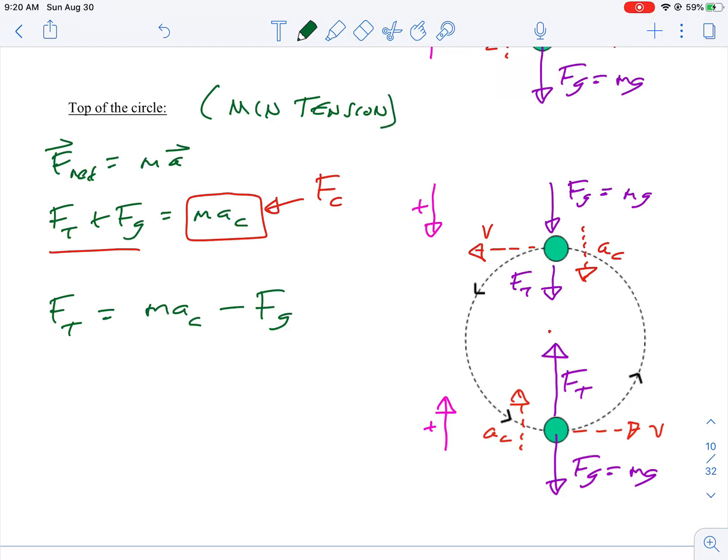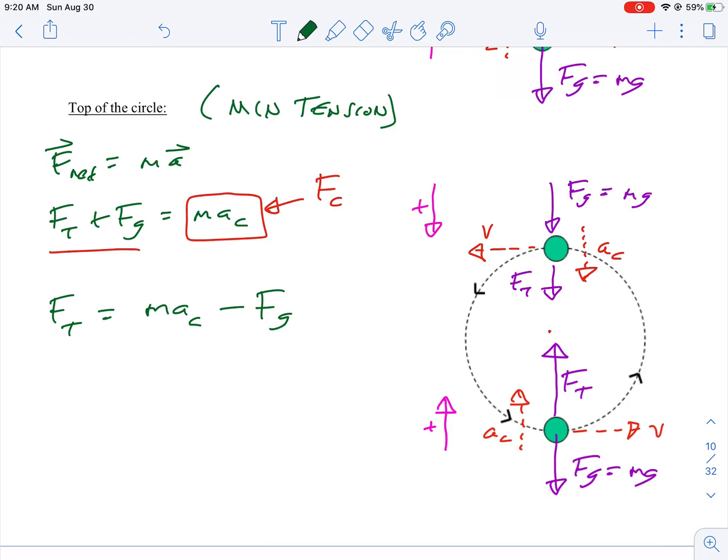And the logic behind this one is because Fg is already providing some centripetal acceleration, Ft doesn't have to be that big to get as much as needed to get that centripetal acceleration. Sorry, that didn't come out very well. But because Fg is helping, Ft does not have to be big to create the same centripetal acceleration. That's why it's smaller.